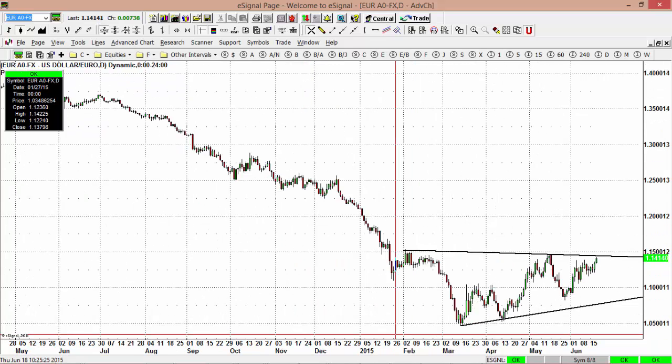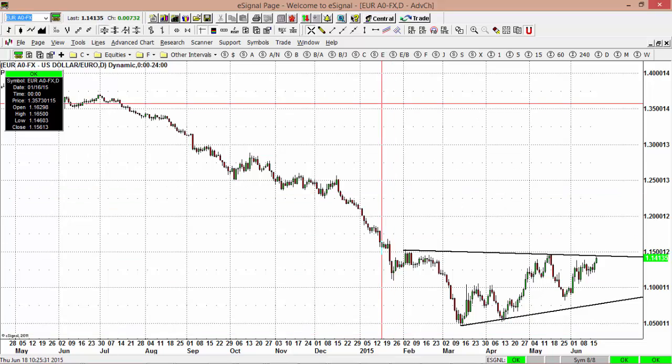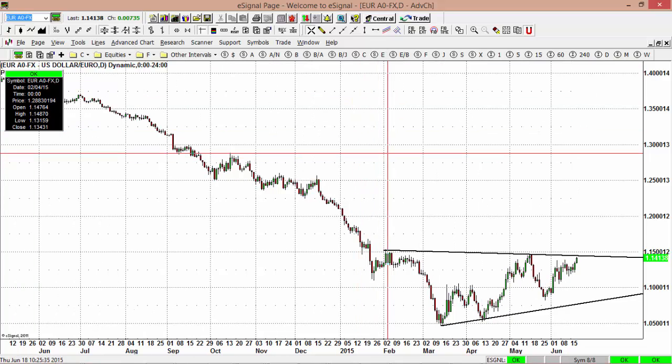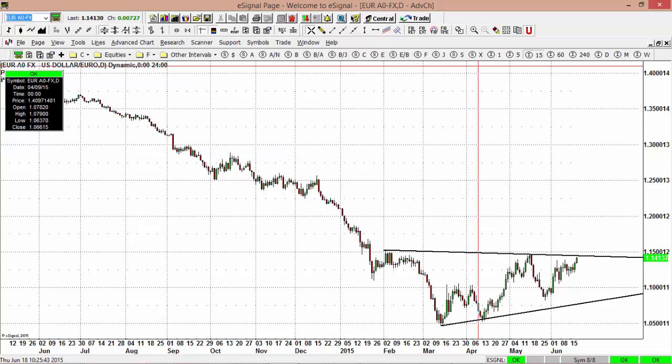June 18th, 2015. I hope you are all doing very well. We have been seeing some movements in the market. Yesterday, we had the Fed interest rate decision that created some volatility in the markets.